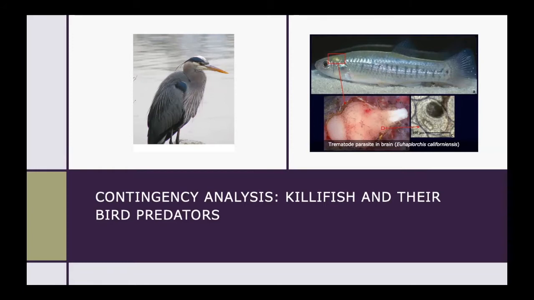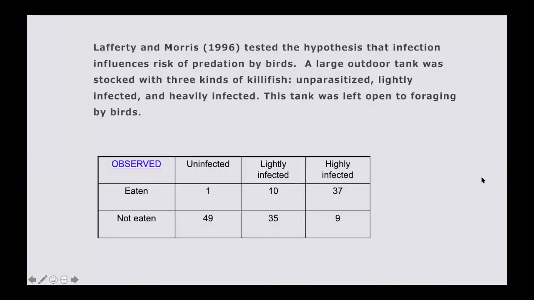And one example of this is this trematode that was studied in this particular study. So the researchers wanted to then test whether infection by this trematode in the killifish made them more susceptible to predation by birds. So what this study by Lafferty and Morris tested then was the hypothesis that infection by this parasite influences the risk of predation by birds.